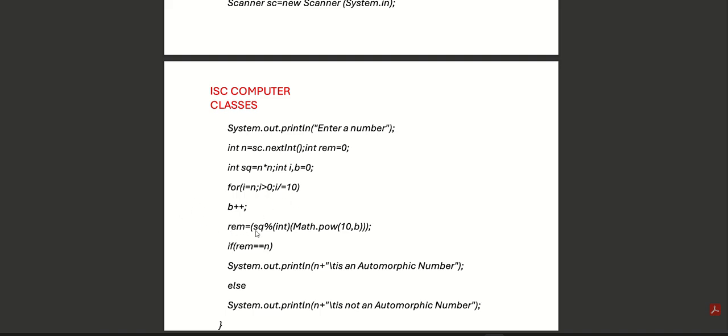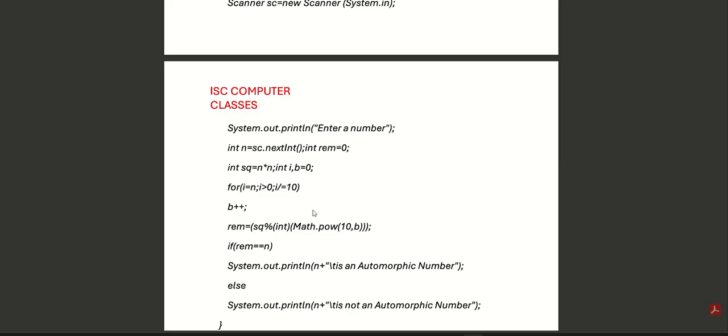Now remainder is equal to square sq modulo, with typecasting, (int) Math.pow(10, b), where b is the number of digits of the original number. As we discussed in the previous palindrome number class, modulo always returns the remainder. So 10 to the power 2 means 100, and the square is 625.